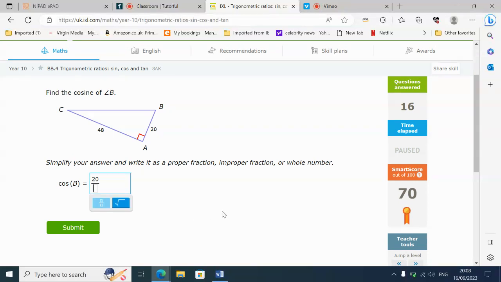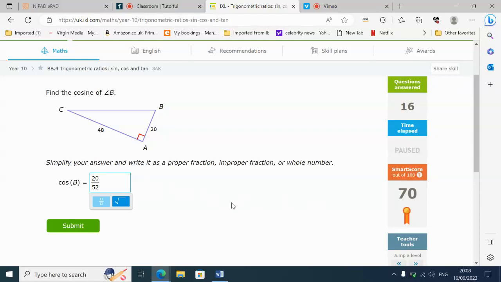So the square root of 2,704 is 52. Can we simplify this?